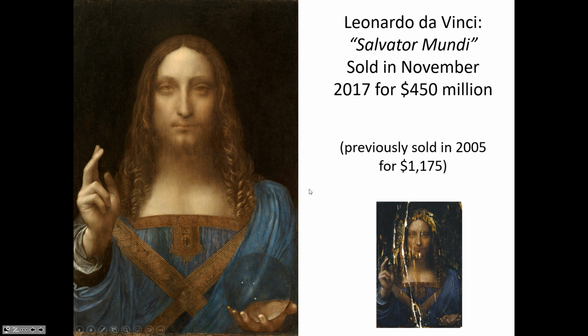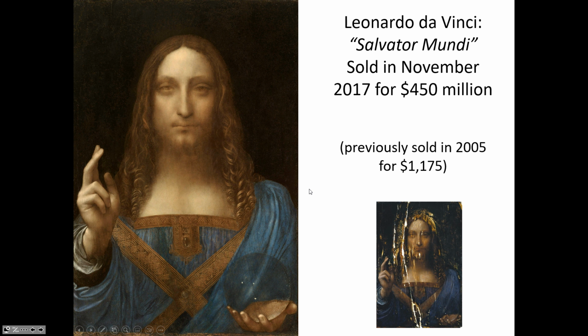It's going to be an odd cash flow diagram because in 2005, you pay $1,175, okay, 2006, 2007, 8, 9, 10, 11, 12, 13, 14, 15, 2017, right? So in 2017, you get $450 million.